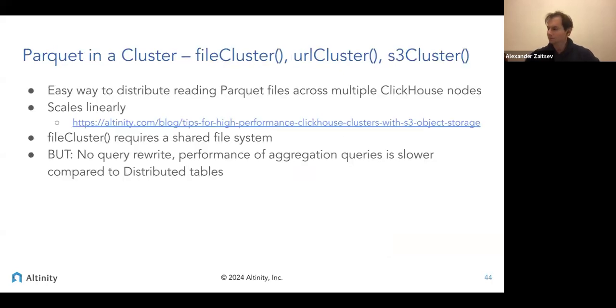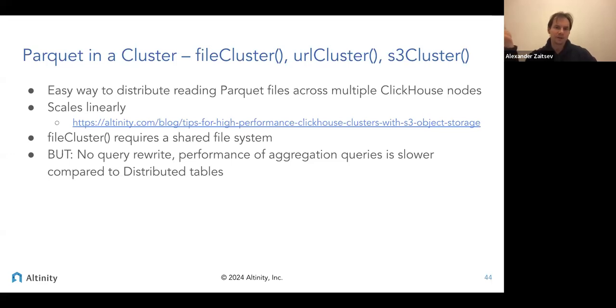Let's look into a few other things, and then we'll have probably 5 minutes for questions. If you run Parquet workloads in a ClickHouse cluster, then ClickHouse has very interesting features to distribute load for the full cluster. For functions like file, URL, and S3, and probably HDFS, there is a counterpart: fileCluster, urlCluster, and s3Cluster.